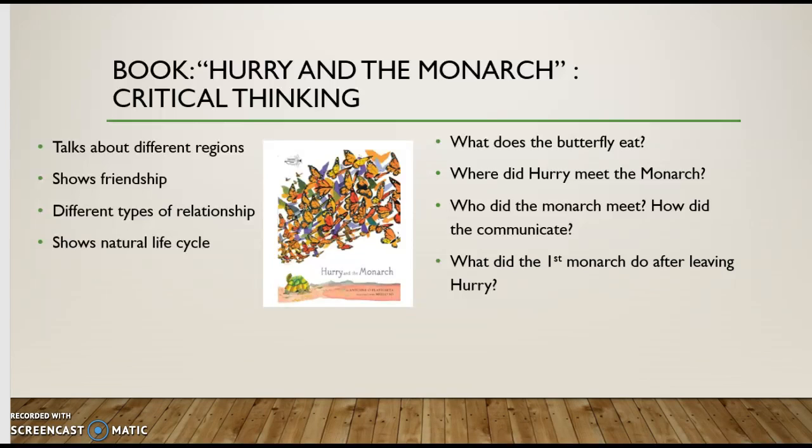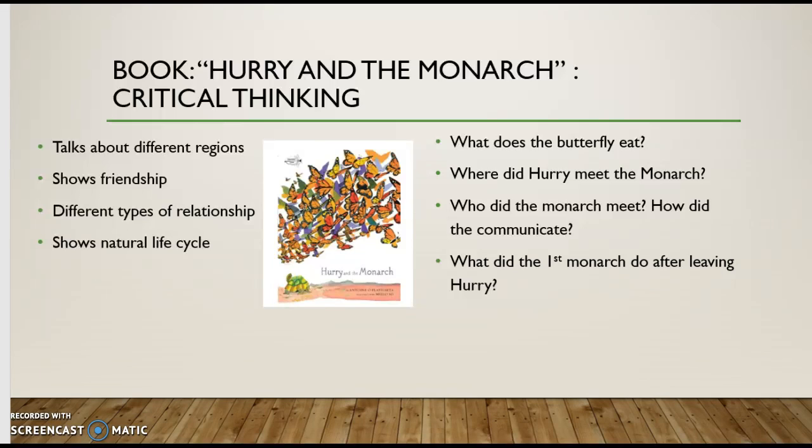So you can ask them, what does a butterfly eat in the story? Where did Hurry meet? Hurry is a tortoise in the book that the monarch butterfly meets. And there's a lot of dialogue back and forth. So you're going to ask them, where did Hurry meet the monarch? Who did the monarch meet?